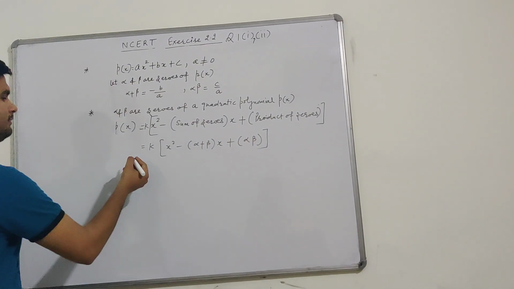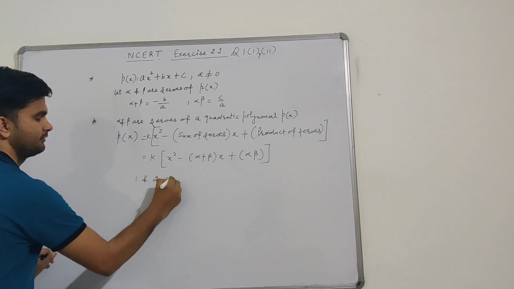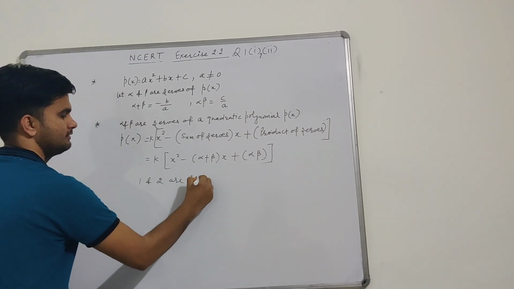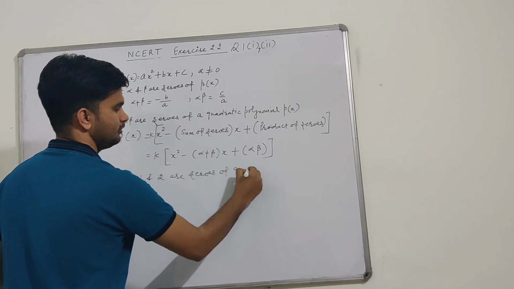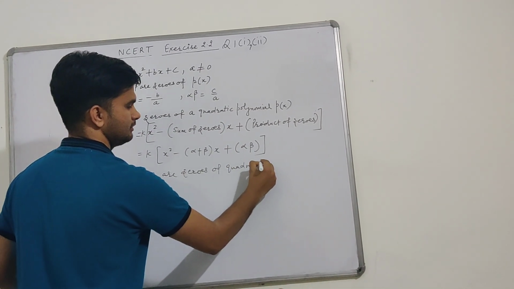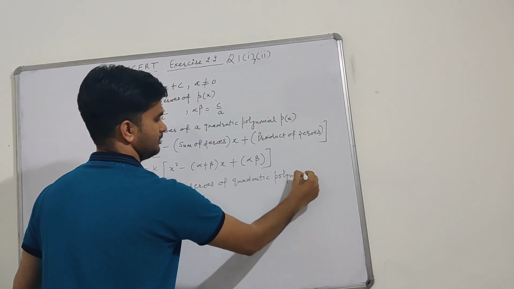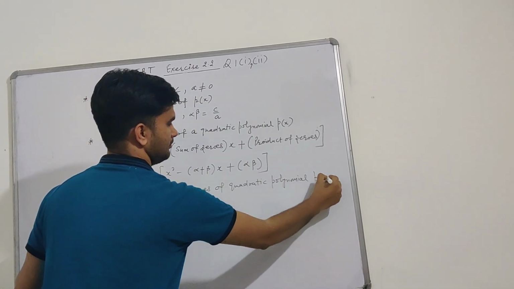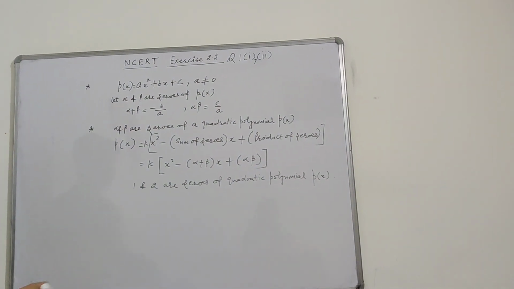Let us take an example. Suppose 1 and 2 are zeros of a quadratic polynomial px, and I need to know about this polynomial.